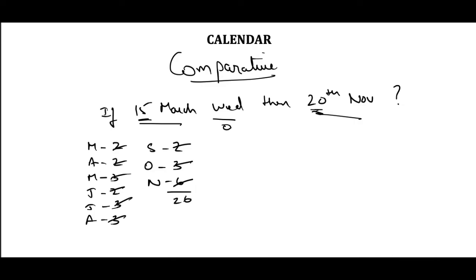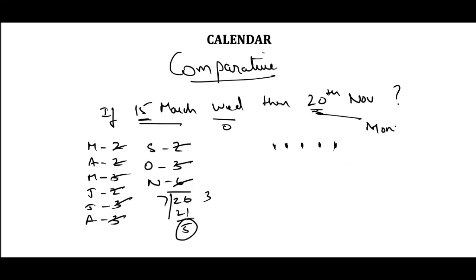So we have 26 odd days, and if we divide it by 7, 7 threes are 21, odd days is 5. If 0 was Wednesday, 1 is Thursday, 2 Friday, 3 Saturday, 4 Sunday, 5 Monday. That means 20th November was Monday. This type of question is of comparative calendar.